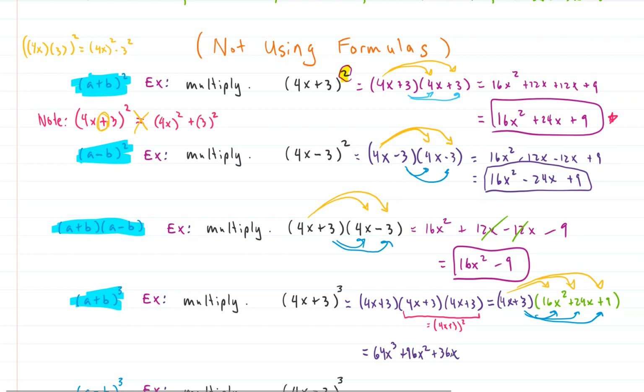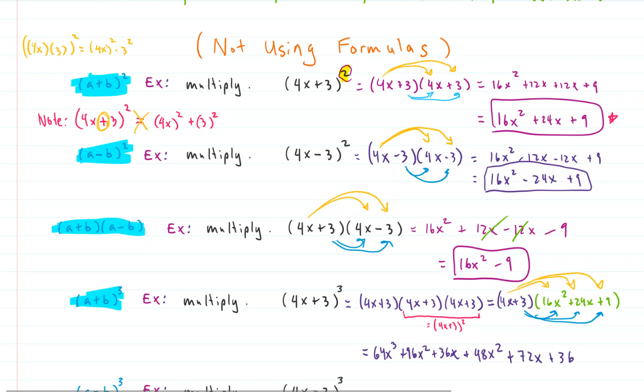And now let's change to the blue, and we get 3 times 16x, which is 48x squared. We have 3 times 24x, which gives us 72x. And then we have 3 times 9, which gives us 36.